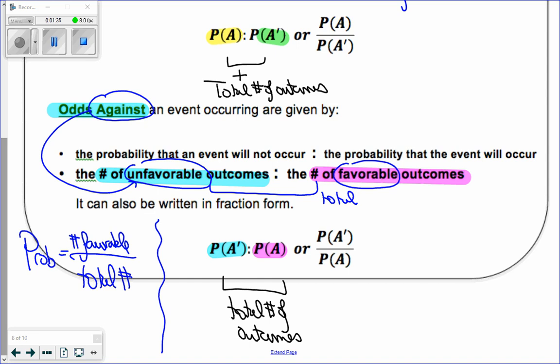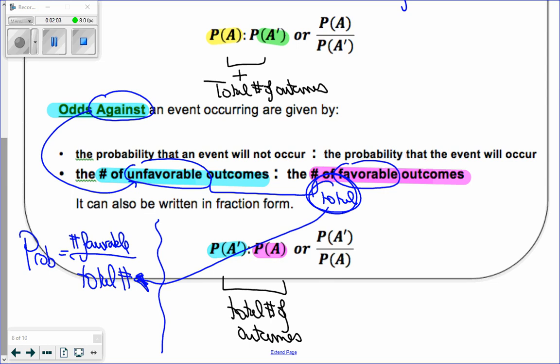They understand that the first number matches the words, but in odds, the second number is not the total, the second number is the opposite happening. But when you add those two numbers, this total here is this total here. So you've got to read the question super carefully to make sure it says what's the probability or what are the odds, because they mean something different.